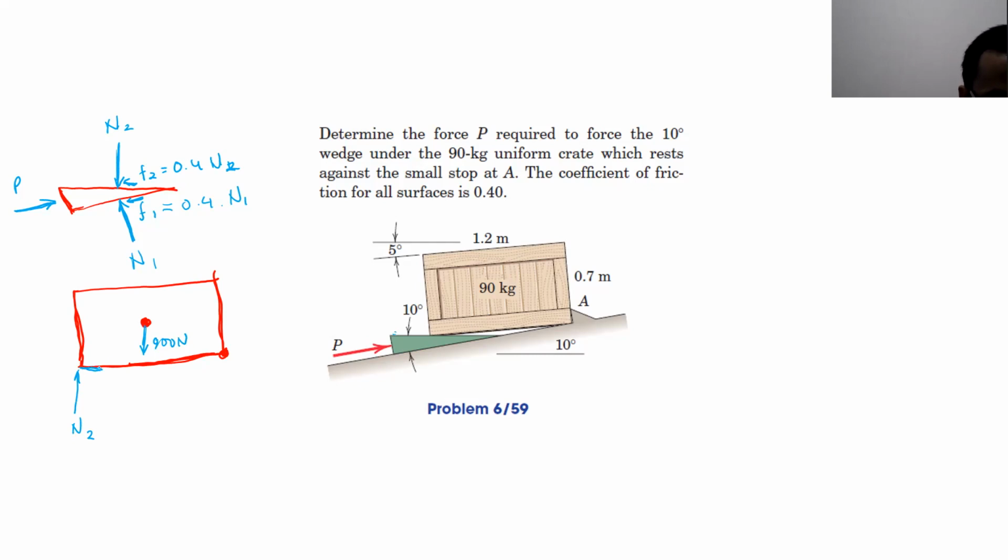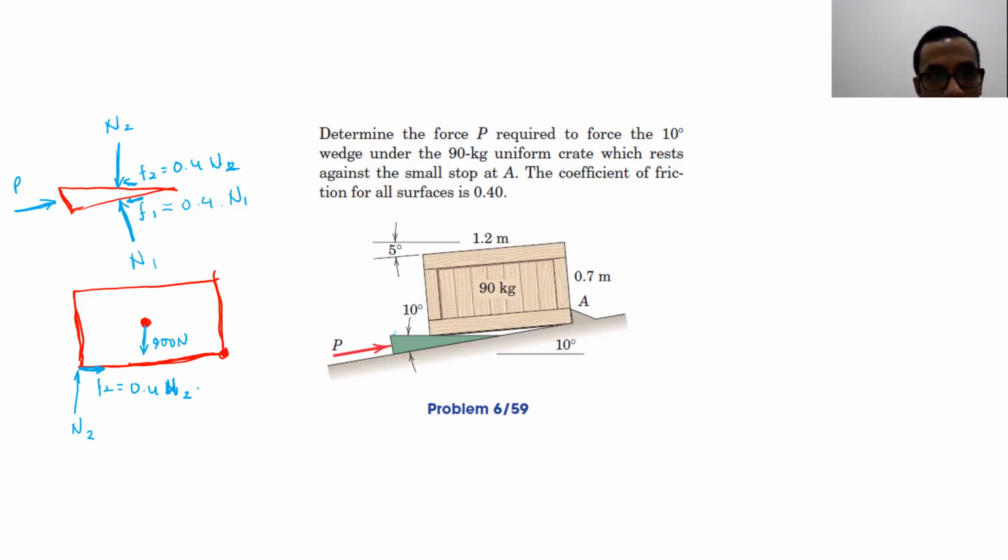It's supposed to be to the right because it's action and reaction with the one you have here on the wedge. So F2 is supposed to be 0.4 of N2 going to the right. Okay, what else do we have there?